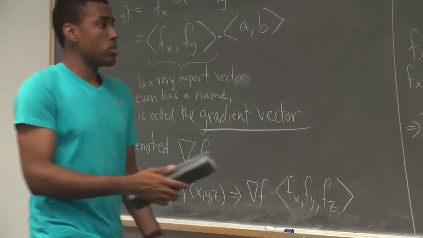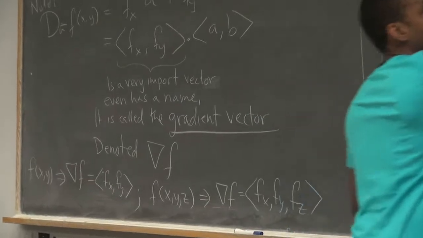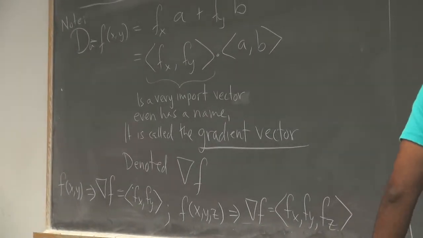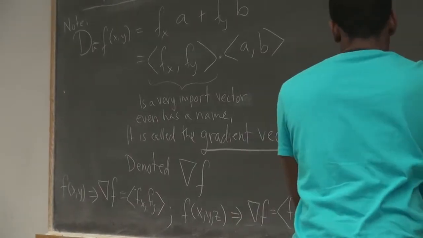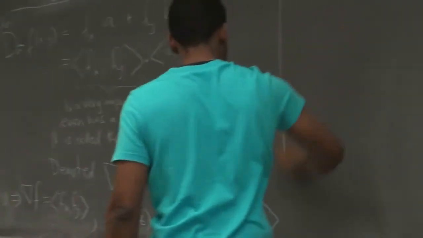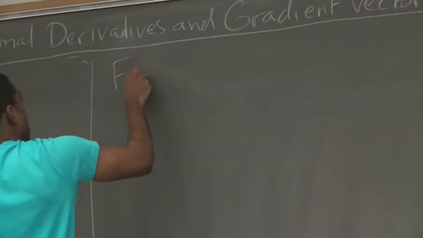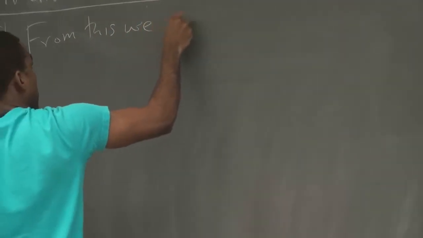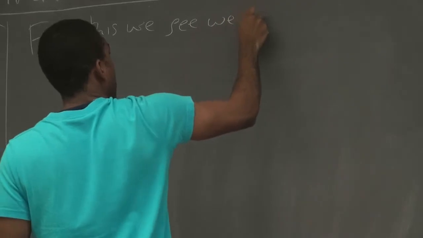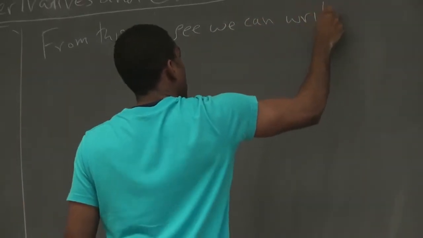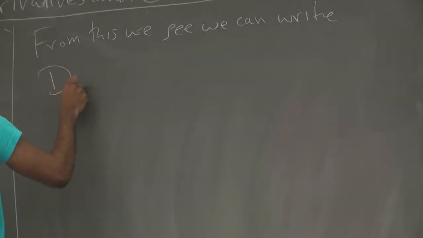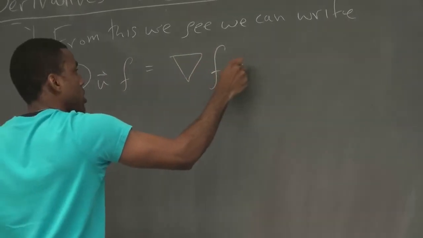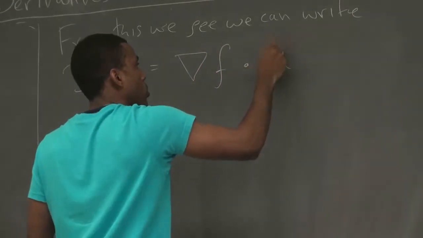Now with that notation, you can actually write the directional derivative in shorthand. It's the gradient of f, dot product, u.